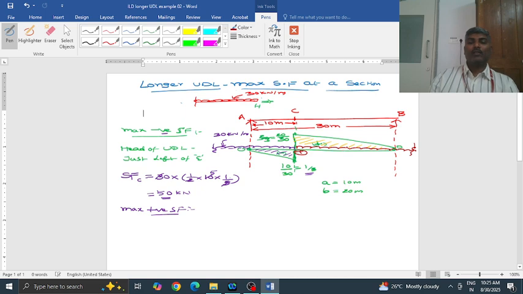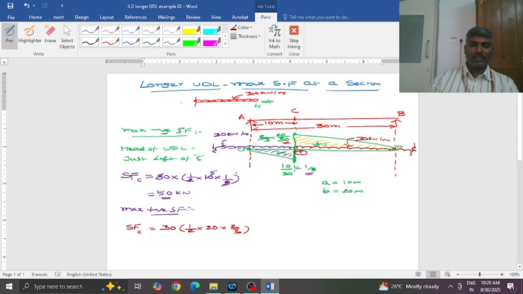Now the value is 30. For this position you can see the UDL is occupying the total positive ILD area. That is the requirement. Now the shear force at C, which is maximum positive shear force, is again load value multiplied by the area of the occupied ILD, which is half base, and the height is 2 by 3, the ordinate that you have already calculated.